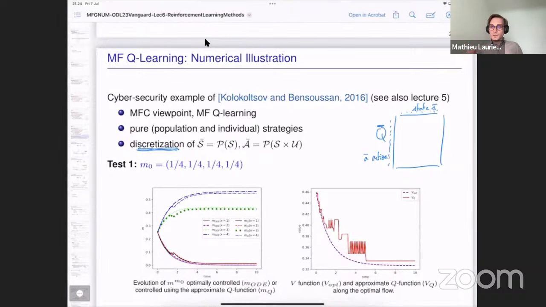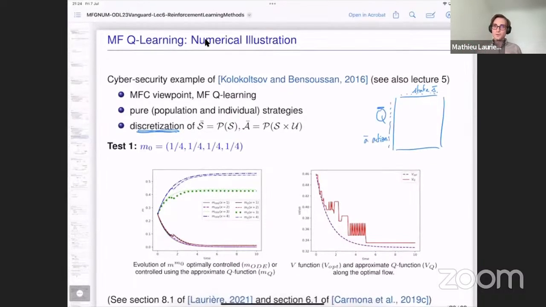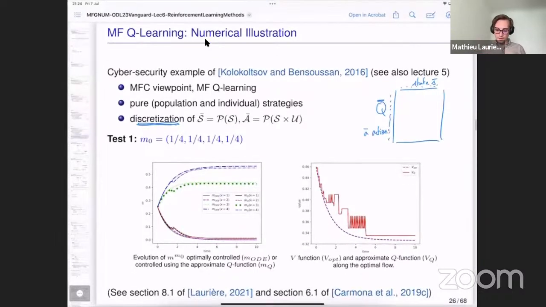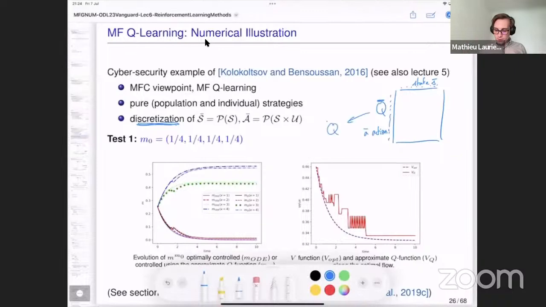Then you use standard Q-learning from the literature on reinforcement learning, because now everything takes only a finite number of values. You learn the Q function, and the algorithm gives you a candidate for Q star. Based on this candidate, you can recover a candidate for alpha star, the optimal control, or the policy.